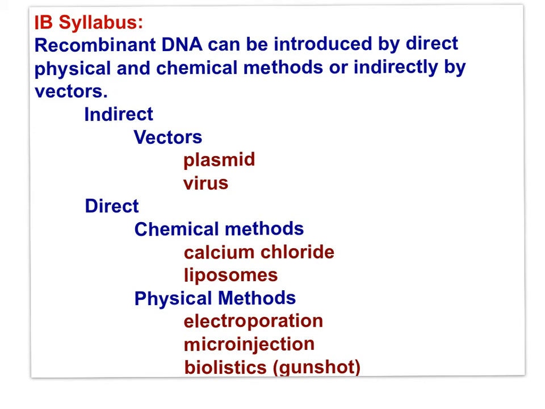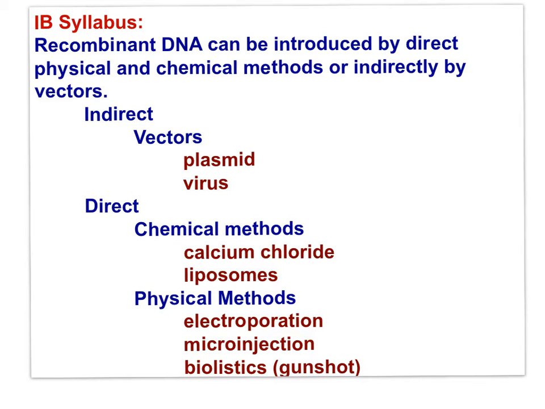Here is a relevant IB syllabus statement. Recombinant DNA can be introduced by direct physical and chemical methods or indirectly by vectors. There are plasmid vectors, as I've described already, and virus vectors, which I will touch on momentarily. Plasmids and viruses introduce target genes to new host cells in an indirect manner.